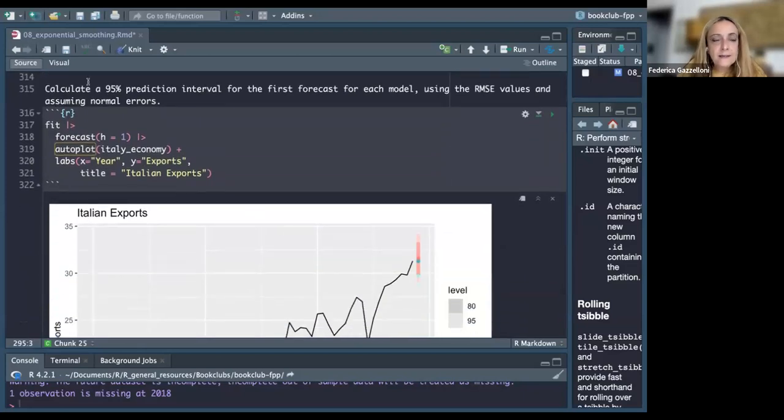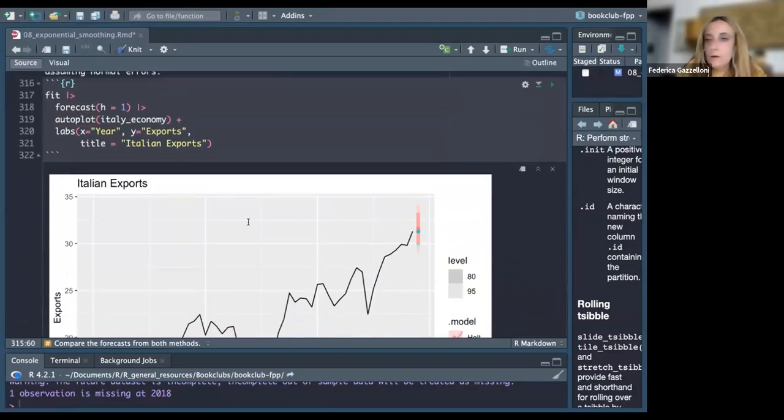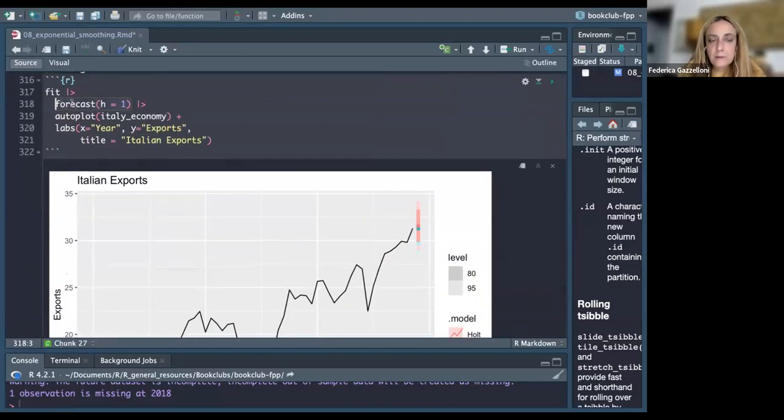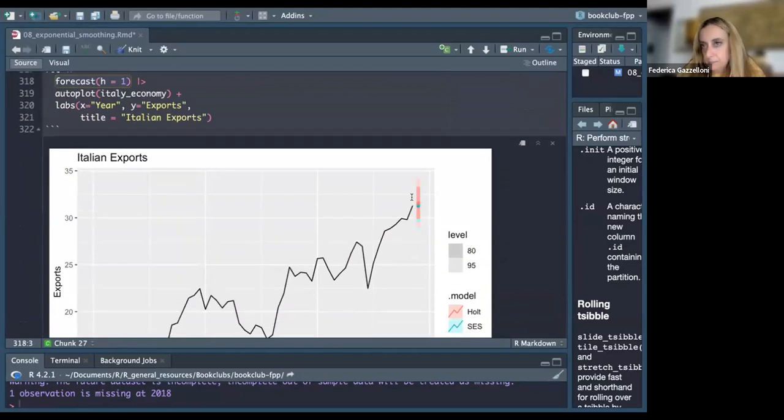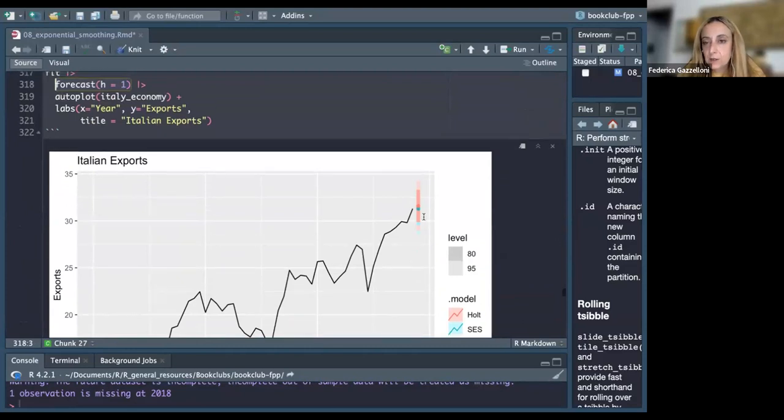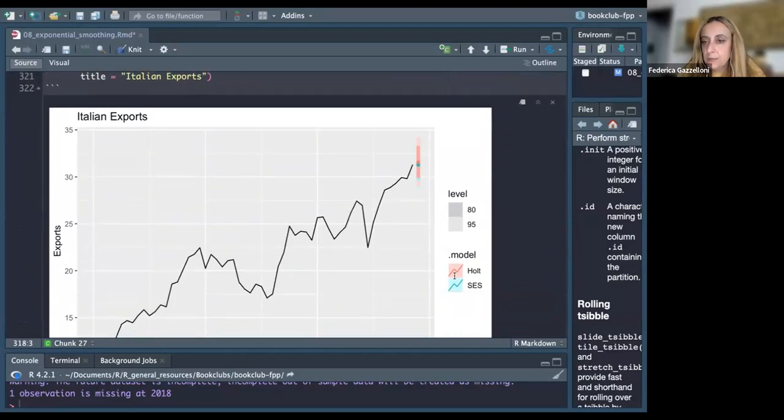Then here it says to calculate a 95% prediction interval for the first forecast of each model using RMSE values and assuming normal errors. Let's have a look at this, the first period, so 2018. We can see that the two 95% confidence intervals of the two types of models basically overlap each other.